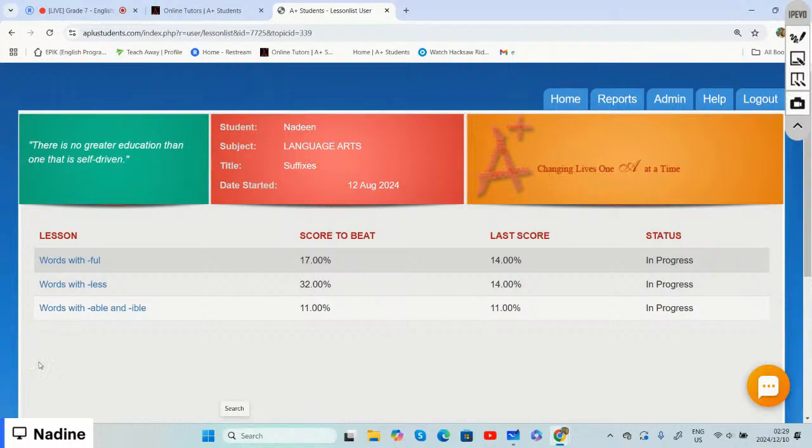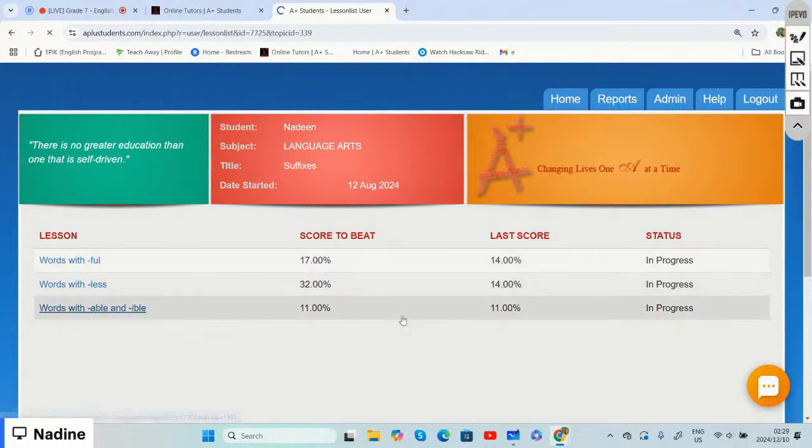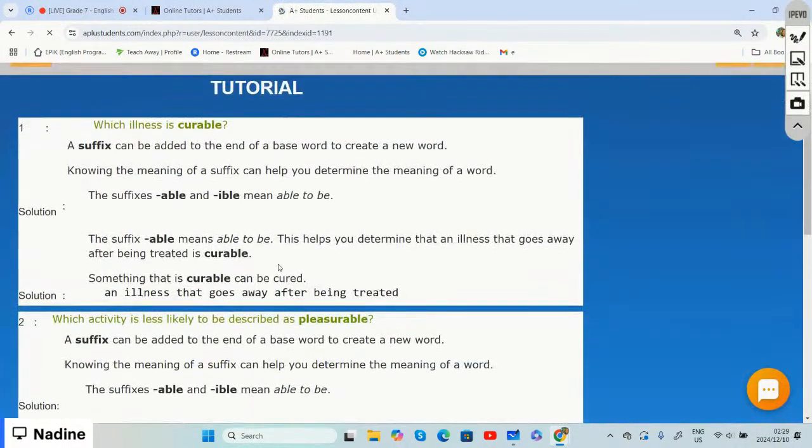All right, so now we're going to words with able. And remember we said that able means either being able to be or capable of something. All right, so now we're going to say which illness is curable.